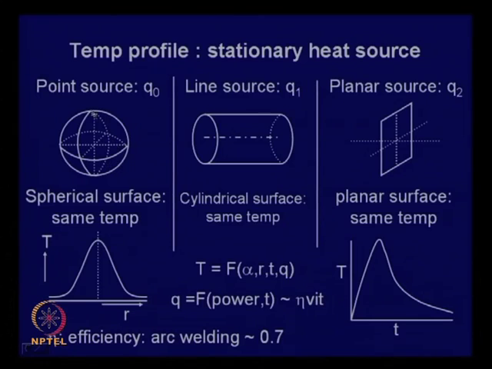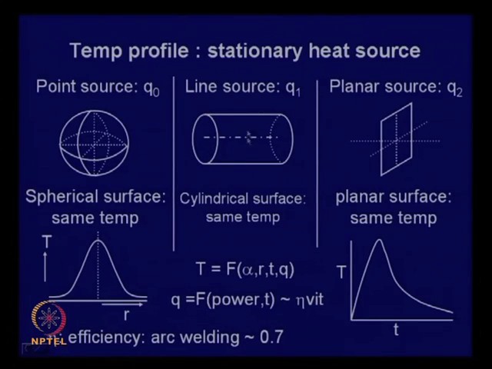Obviously, the temperature contours will be represented by a set of concentric spherical surfaces. We extend the same thing if we assume the source to be a line source. By applying the same logic, heat will flow in all directions.